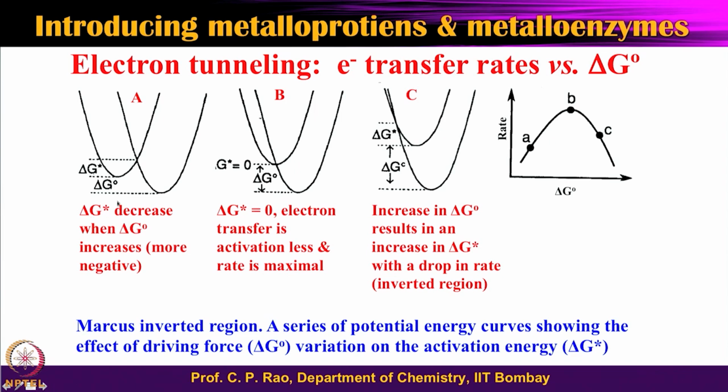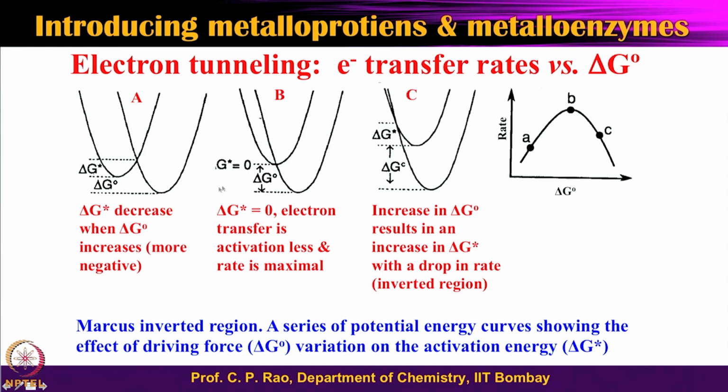Okay. So, delta G star decreases when delta G naught increases in magnitude, because the activation becomes less, and that will be the more negative, and this will give, let us say, a rate like in A here. This rate is what? The electron transfer rate. Let us assume that that is there.